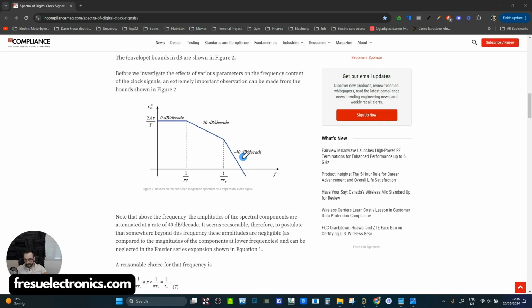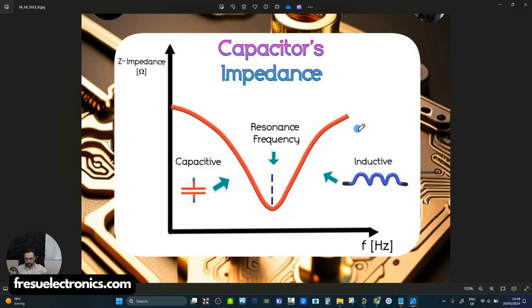And this means that if we add this minus 40 dB per decade, the response of the PDN that we are looking for, which is this one, is growing at plus 20 dB per decade, then this means that the signal still will start to fall down at a rate of minus 20 dB per decade.